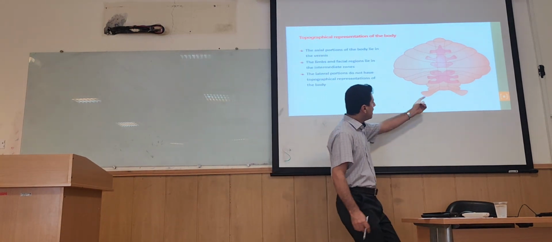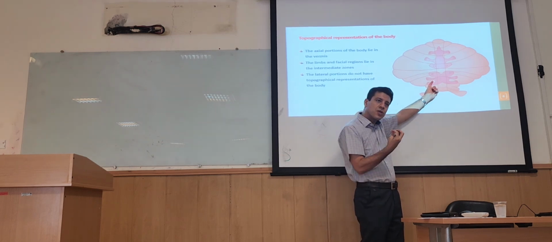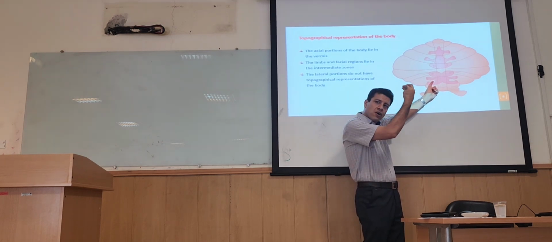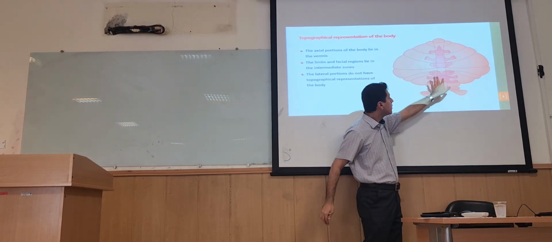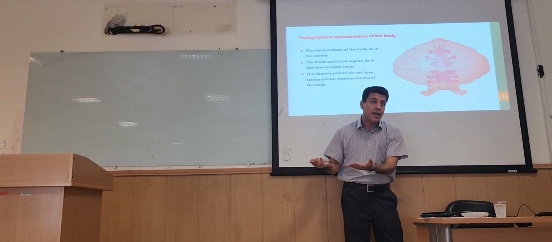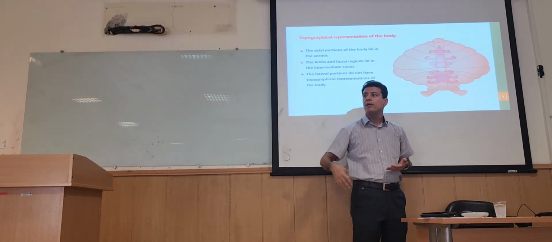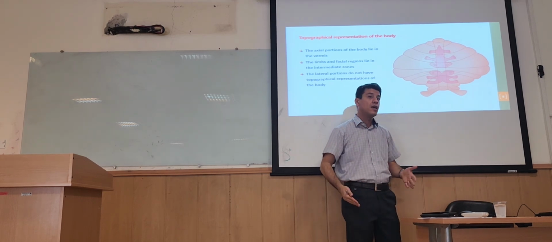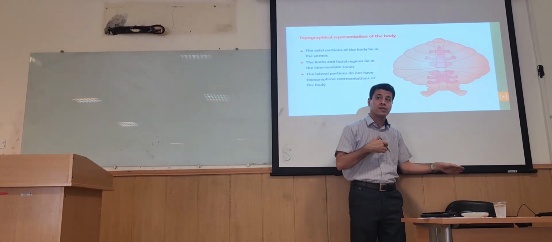So the left arm area also receives motor signals from the left arm area of the cortex. Okay? So it receives both sensory information and motor information. Motor information from the cortex, sensory information from the body. But it also receives other types of motor information from other motor systems.